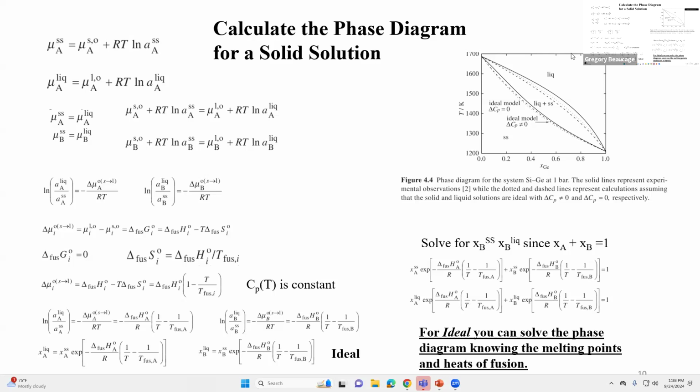Just change the temperature, you get two compositions, and you could map out the phase diagram from that. If you know the melting temperature and the enthalpy of melting for the two components, which were listed in the NIST web book, you can just calculate a phase diagram, which is CALPHAD. That's what CALPHAD is kind of doing.